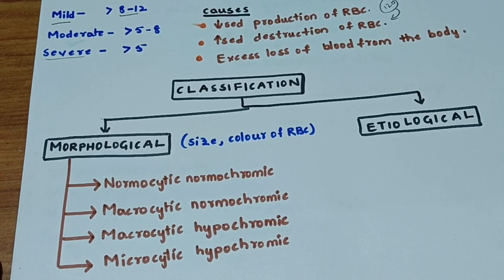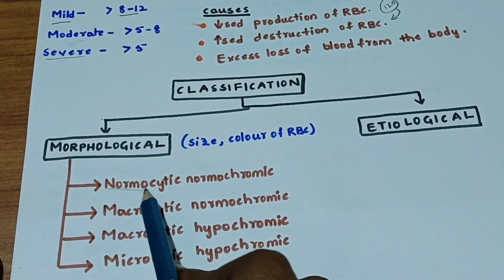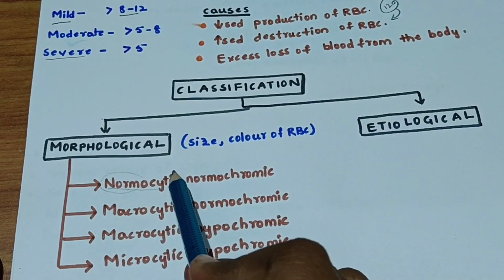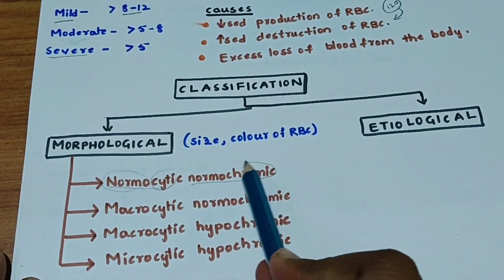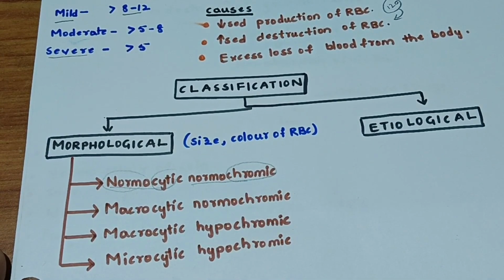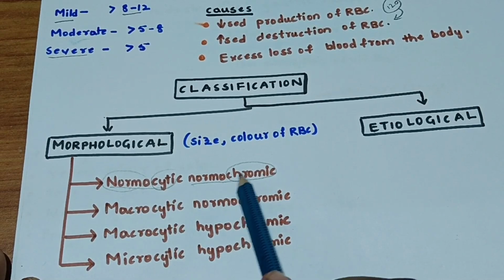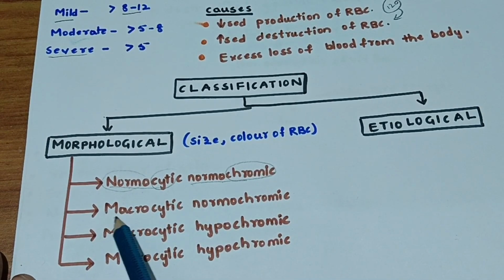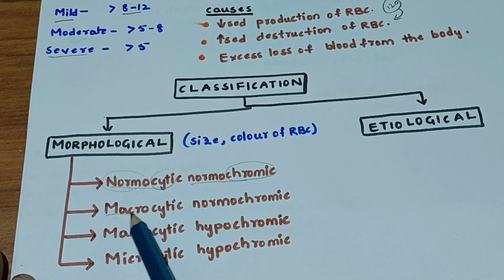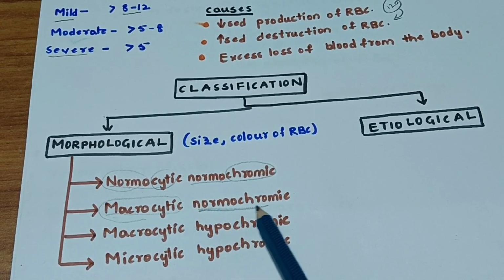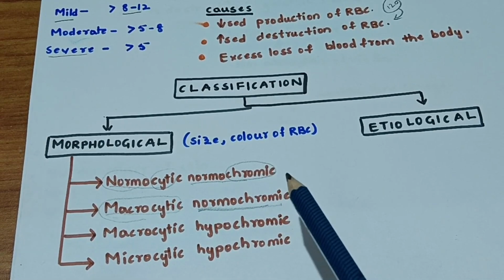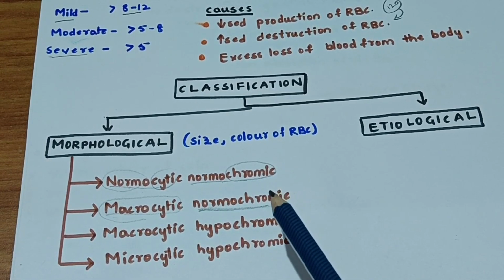So what are these? Normocytic means the cell structure is normal. Normochromic means the chromatin content is normal. Macrocytic means a large size of cell, macro meaning large, whereas the chromatin is normal, so macrocytic normochromic.